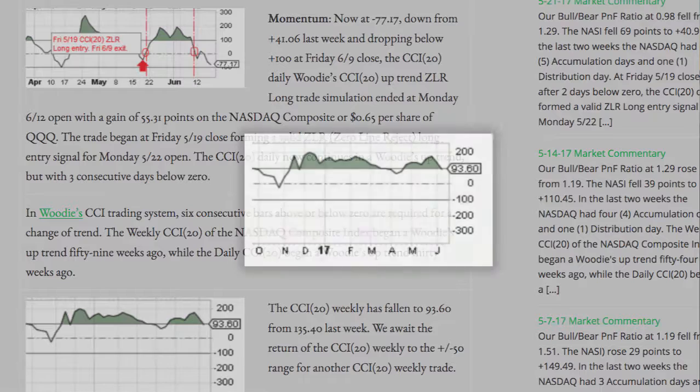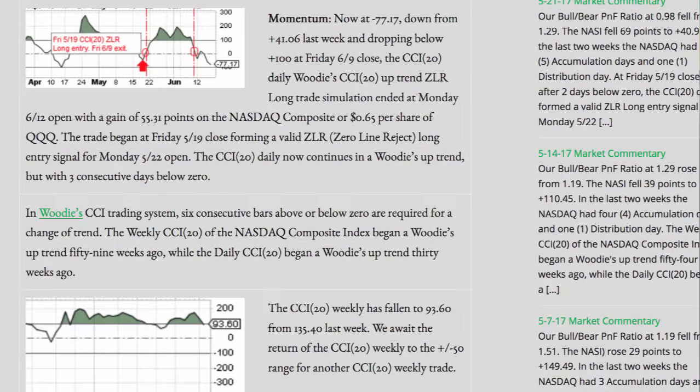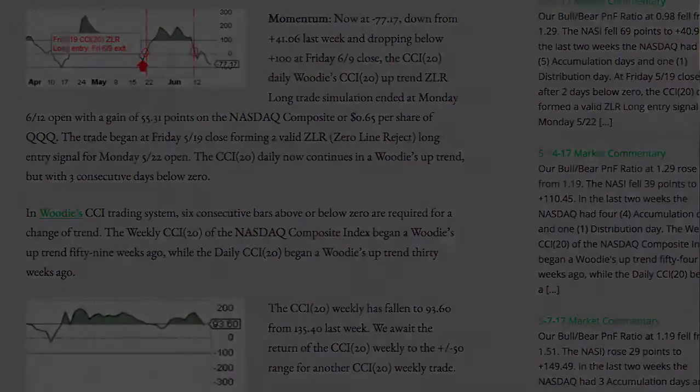The CCI 20 weekly has fallen to 93.60 from 135.40 last week. We await the return of the CCI 20 weekly to the plus or minus 50 range for another CCI 20 weekly potential trade.